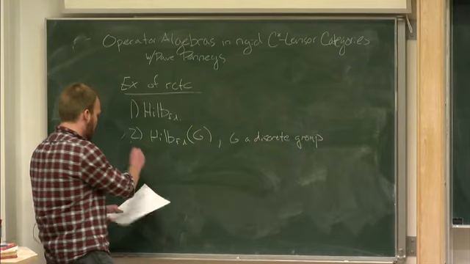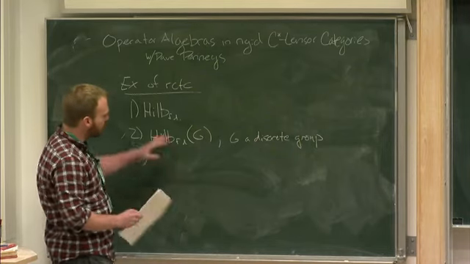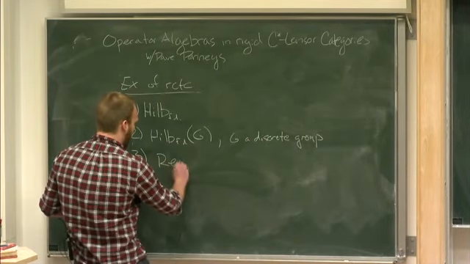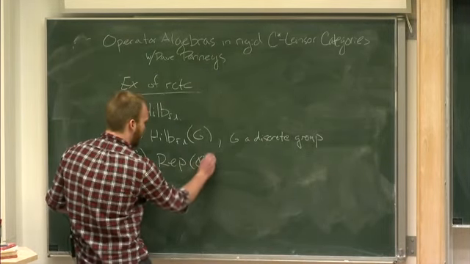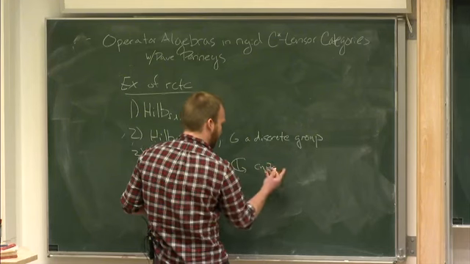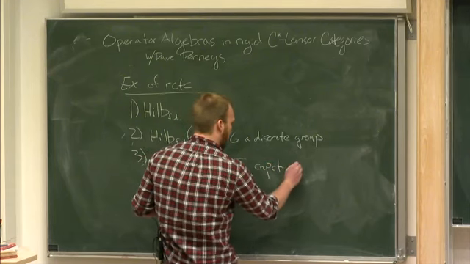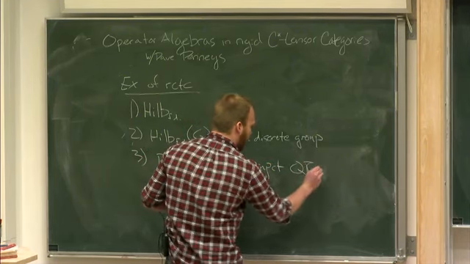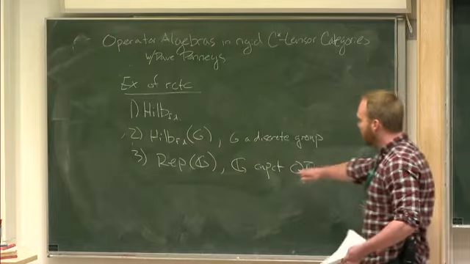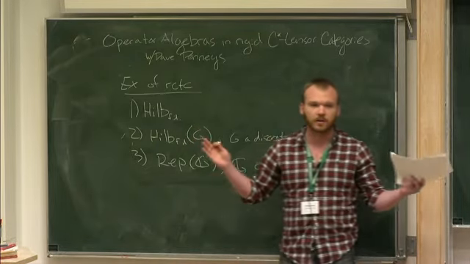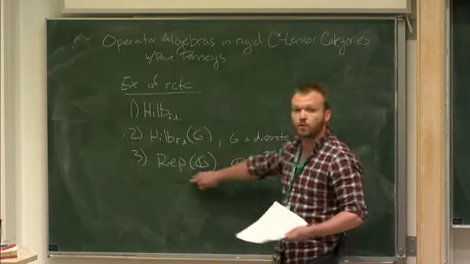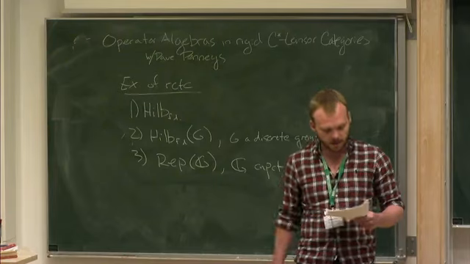And then the third example, which actually includes this example but is more general, is Rep G, where G is a compact quantum group, in the sense of Woronowicz. If you don't know what that is, just take G a compact group and look at its representations. Most people are familiar with the representation theory of SU2, for example. So you can think of that.